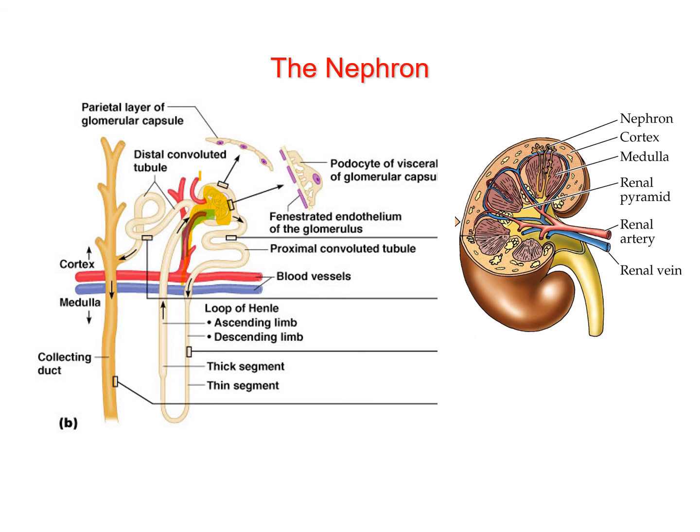Then the glomerulus, and then an efferent arteriole that twists around and surrounds, not shown here, all of the capillaries and the tubules and loop of Henle.